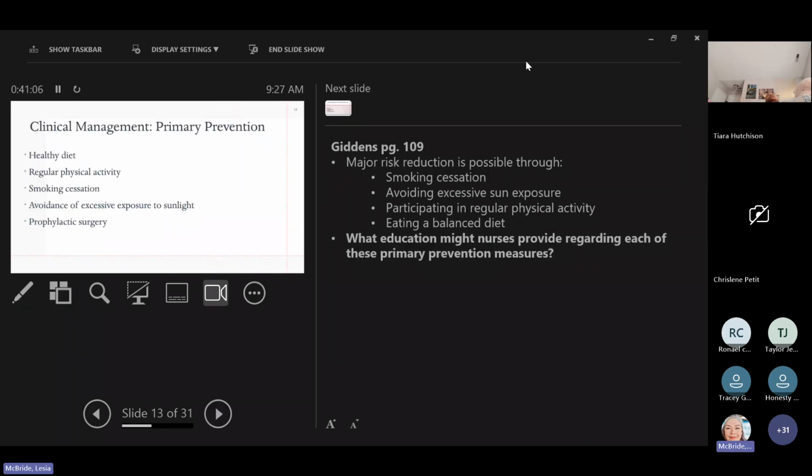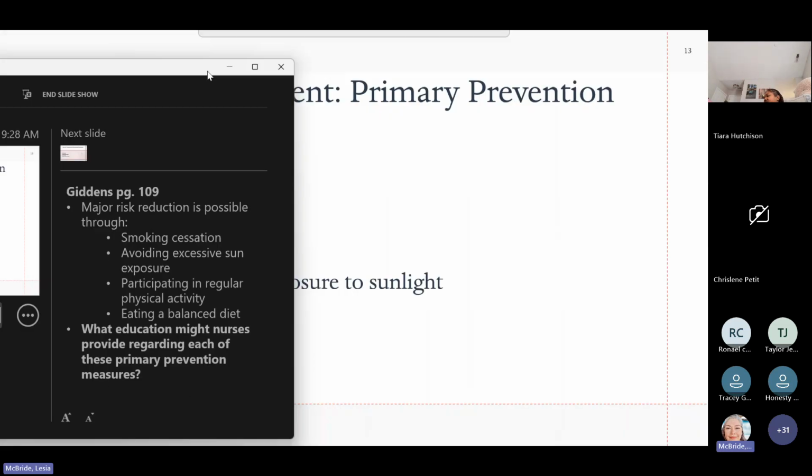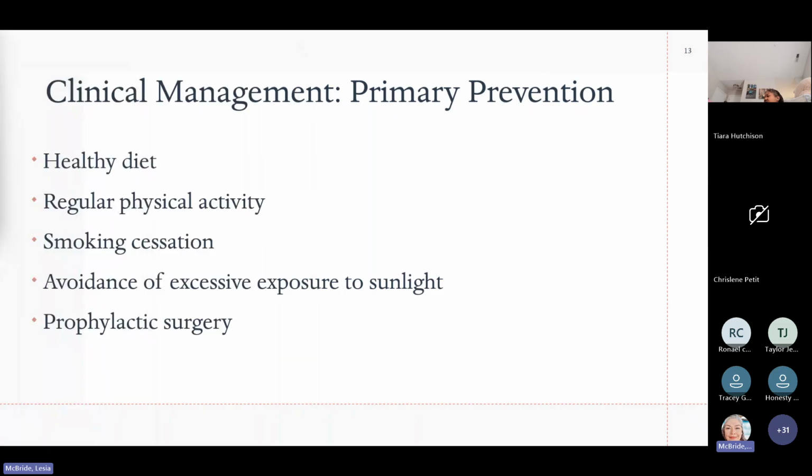So, what can we do in order to fight this cancer? We're going to try to have a healthier diet. We're going to make sure that we stop our smoking, avoid excessive sun exposure. So, if we can reduce our risk of getting cancer, we're better off.